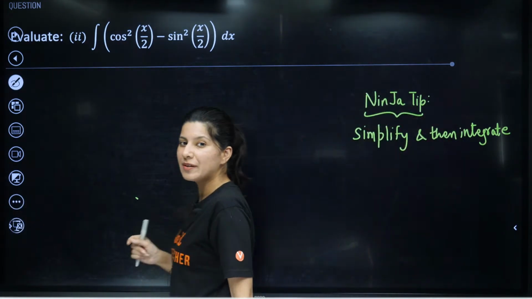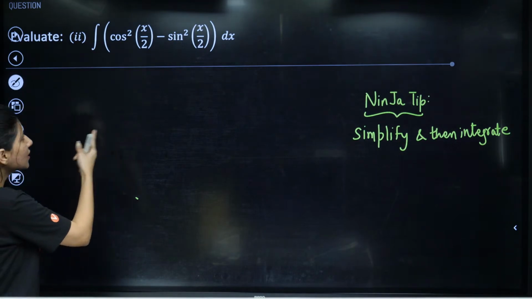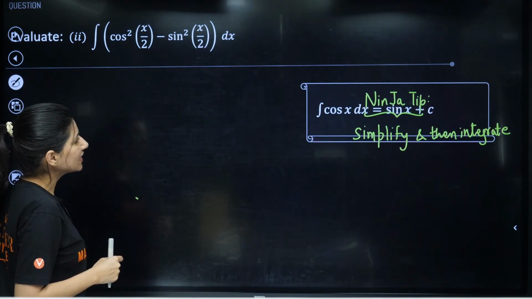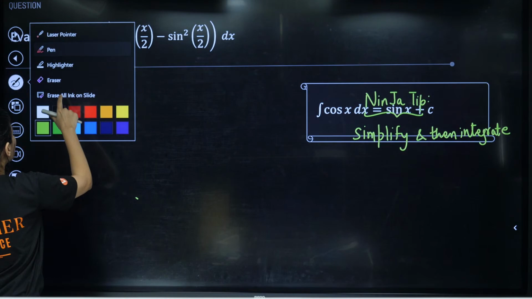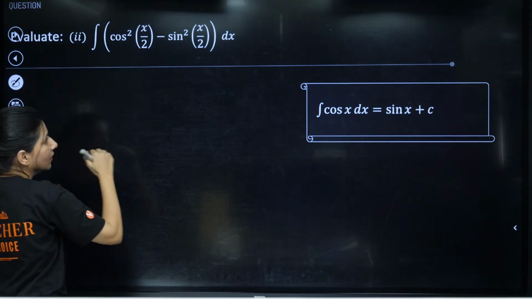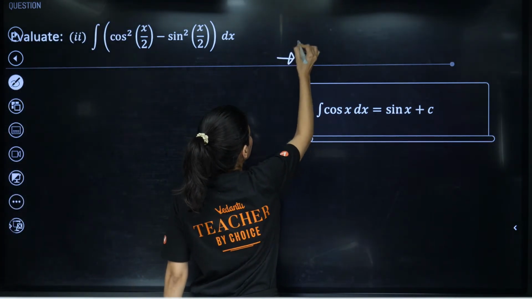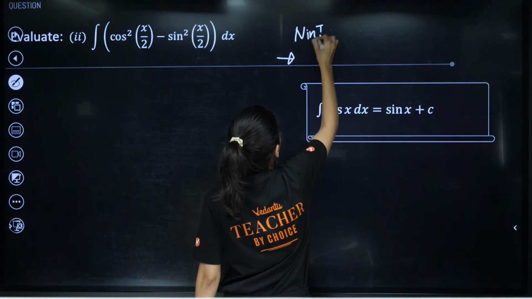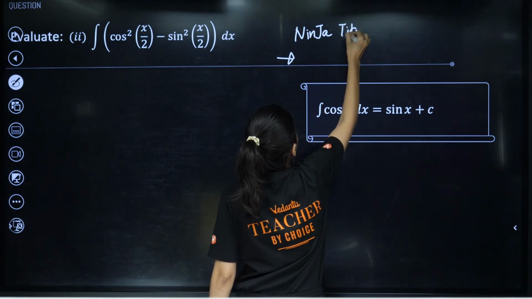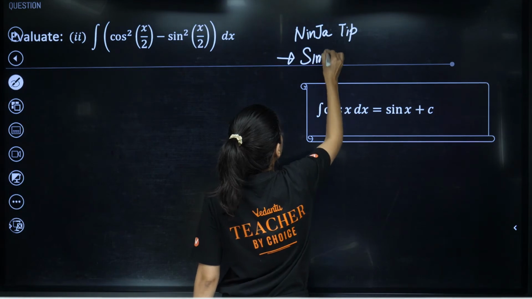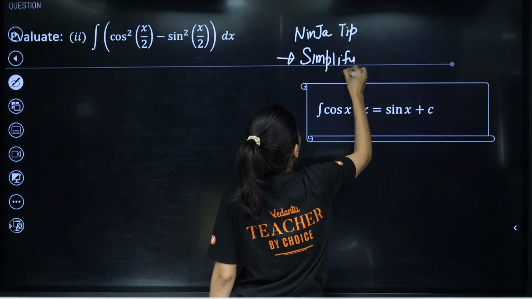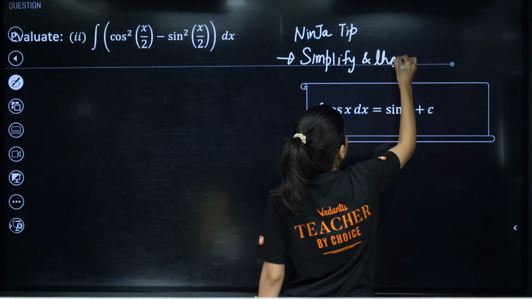So first of all, simplification. Do you remember the formula for cos square x by 2 minus sin square x by 2?